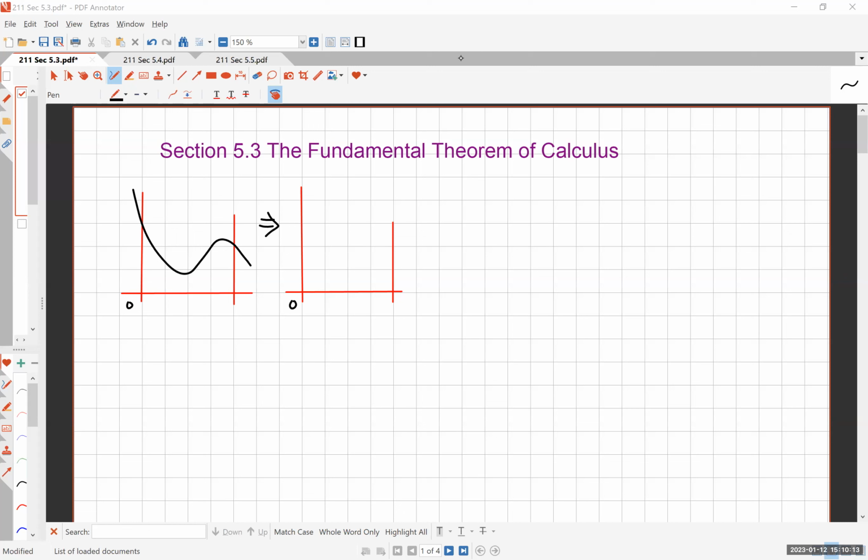All right, so a good starting point to introduce to you the fundamental theorem of calculus is the average value of f over the interval [a, b], which we talked about before. So what is the average value of the function?